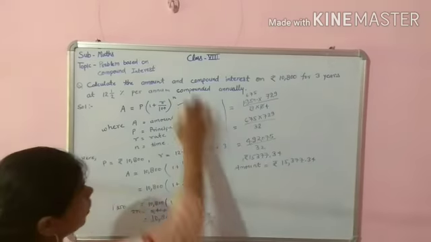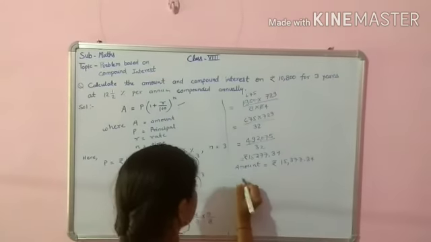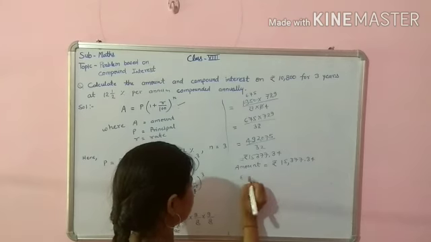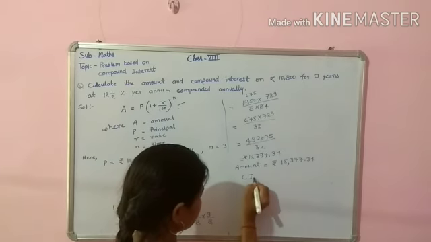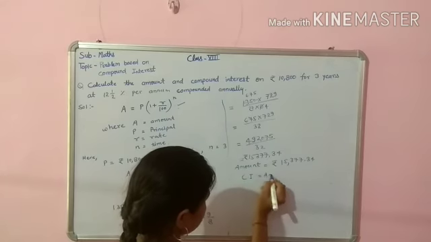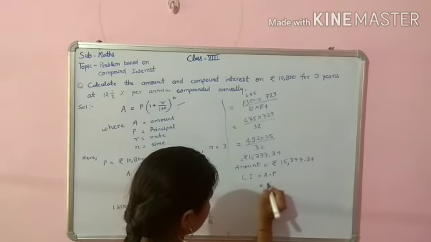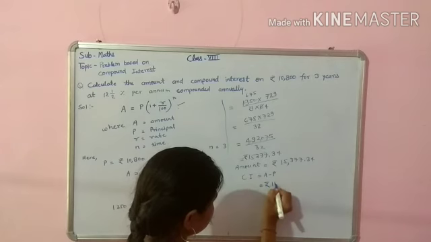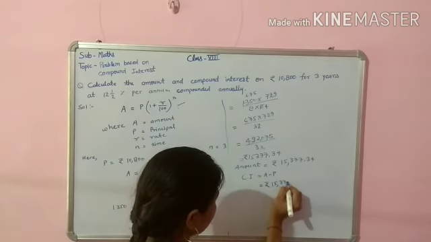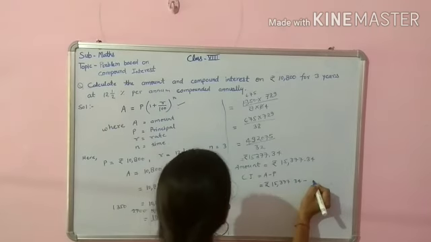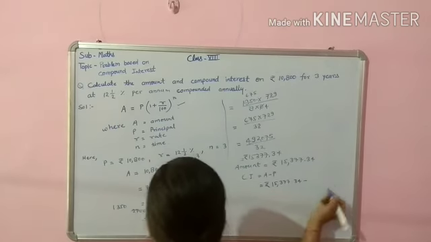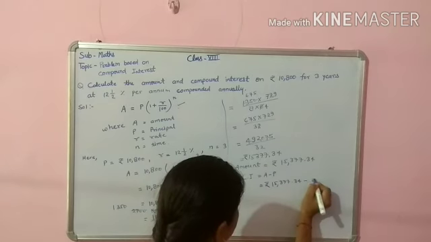Now you can calculate compound interest. Compound interest CI equals to amount minus principal, A minus P. Okay. The value of amount you can put. And what is the value of principal?